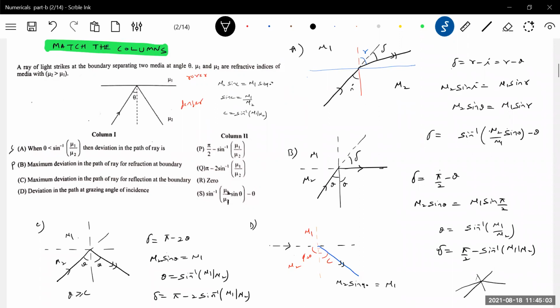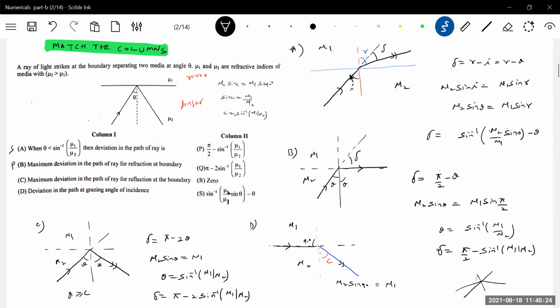This should be the 90. The diagram should be like this.